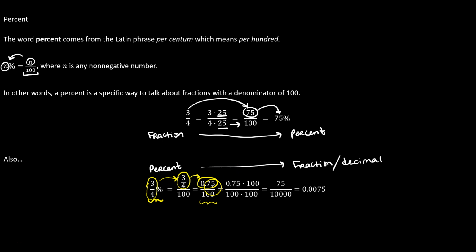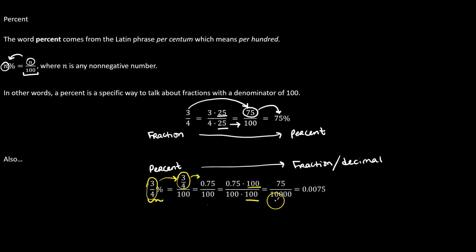So what we're going to do is multiply by powers of 10 to move that decimal. Notice that in 0.75, we would need to move the decimal twice to turn that into a whole number. So we need to multiply by 100 on top and bottom. Multiplying the top by 100 gives us 75. Multiplying the bottom by 100 gives us 10,000.